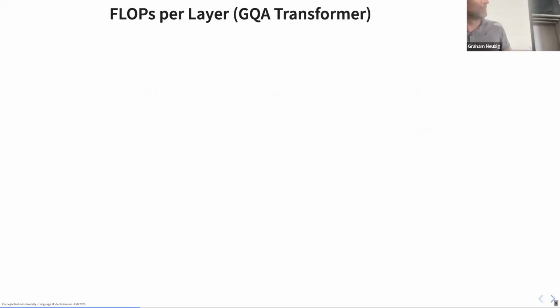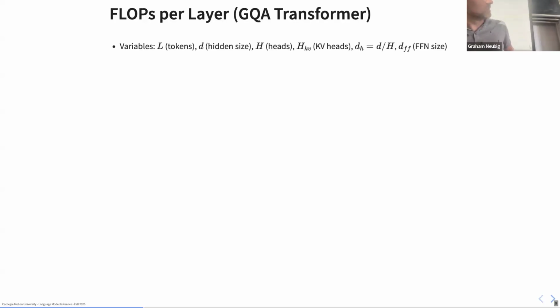I'd like to talk a little bit about the number of flops it takes to calculate a transformer model per layer. Specifically, I'm going to focus on the grouped query attention transformer, which is used pretty widely nowadays. Let me put it on the board.